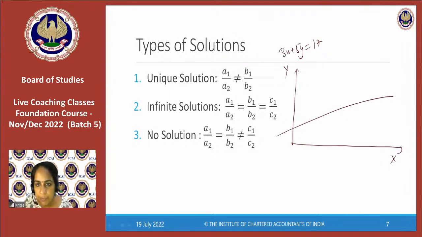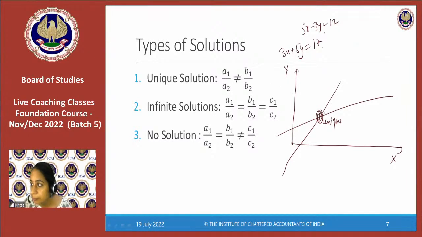Then I have another equation, maybe 5x minus 3y equal to 12. This is going to be some other line. Wherever they are intersecting, this is known as a unique solution. That is, there is one and only one point for x and y which satisfies both the equations.